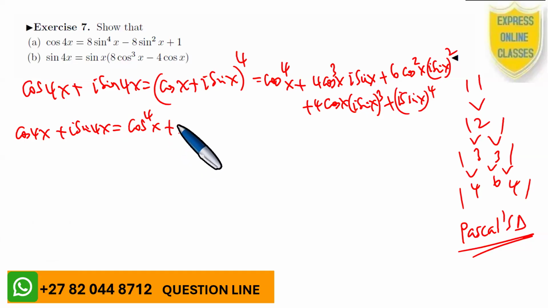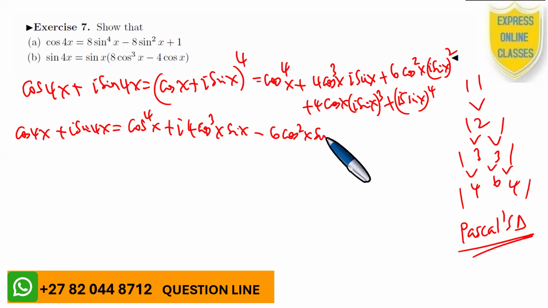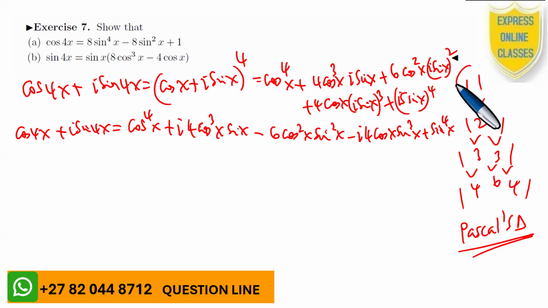Which is plus i 4 cosine cubed x, the sine of x, minus 6 cosine squared sine squared, minus i 4 cosine x sine cubed x, plus the sine to the power 4 of x.